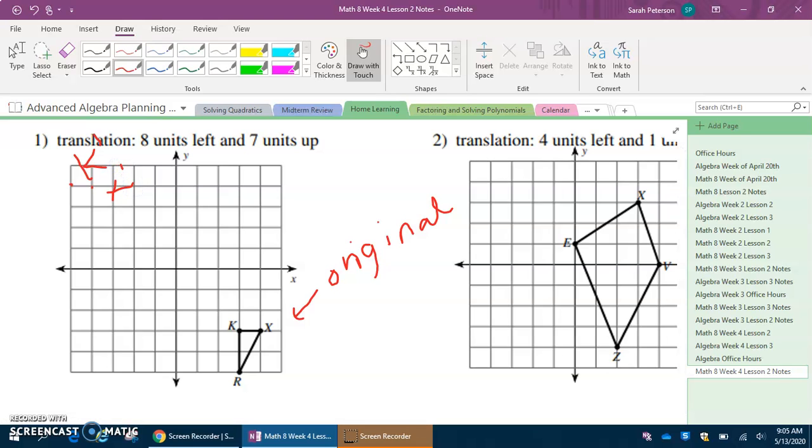And then the next is R. So I'm going to do the same thing with R. So 8 units left. 1, 2, 3, 4, 5, 6, 7, 8, and 7 units up. 1, 2, 3, 4, 5, 6, 7. So that would be here. Let me label it first. So that would be R prime.